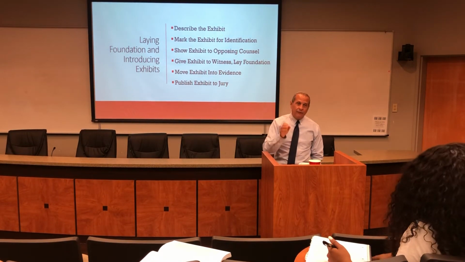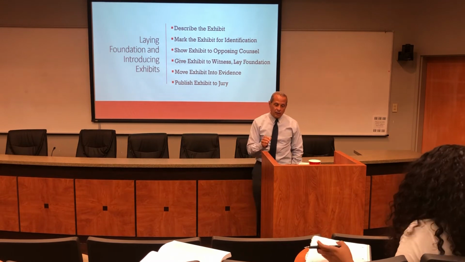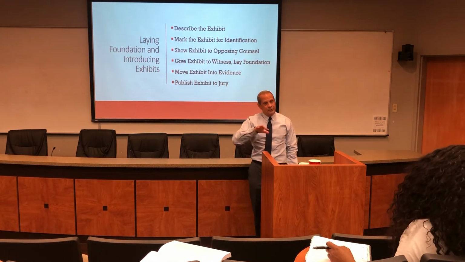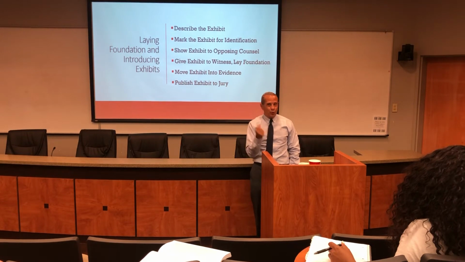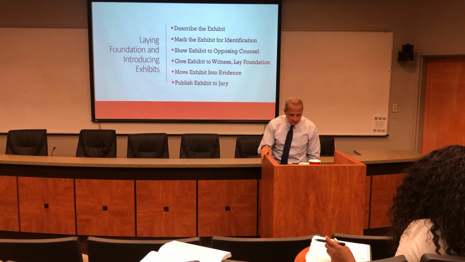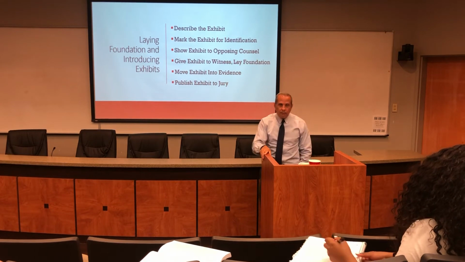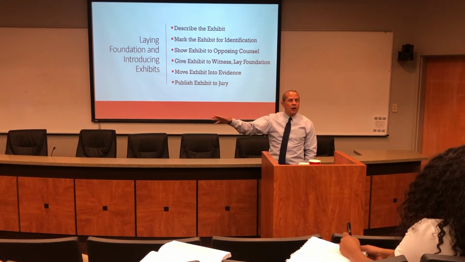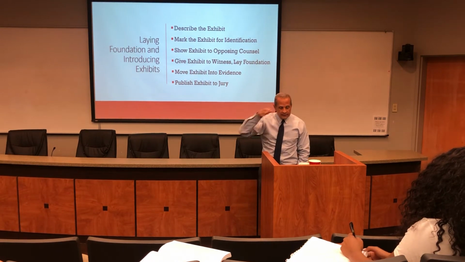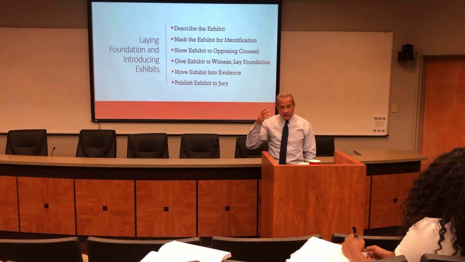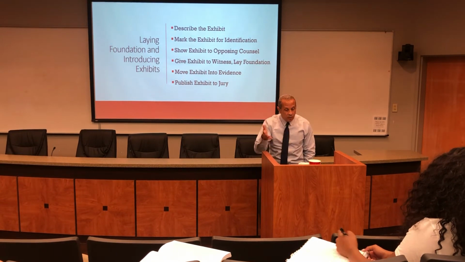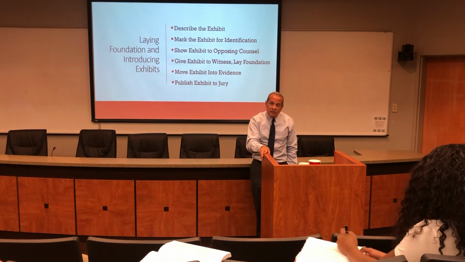Now, if opposing counsel believes you haven't laid an adequate foundation, which is another reason why you want to make sure you know your rules of evidence for that particular type of exhibit, opposing counsel needs to and will object before the exhibit is admitted into evidence. And if the judge sustains the objection, then you, as the proponent of that exhibit, have some choices to make.